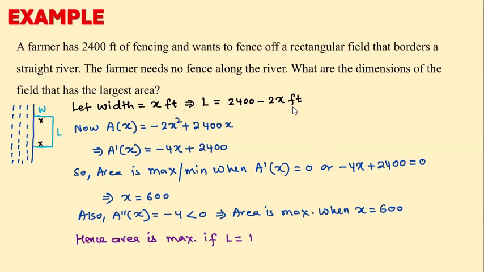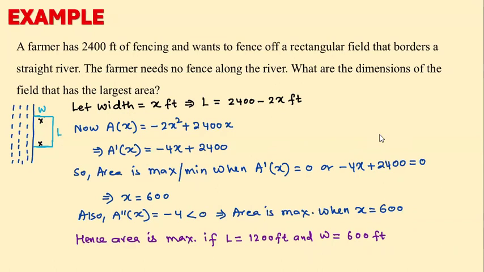So length equals 1,200 feet and width equals X, which is 600 feet. So if the length is 1,200 feet and width is 600 feet, the area would be maximum. That's how we can solve this first example on optimization.